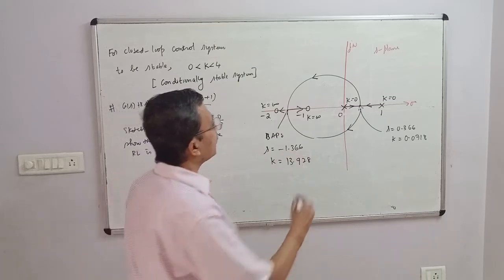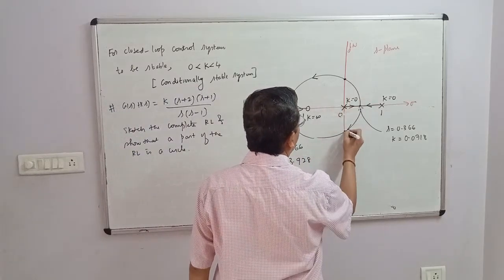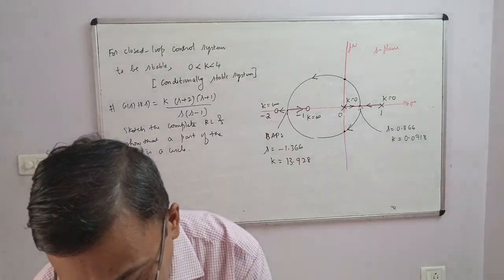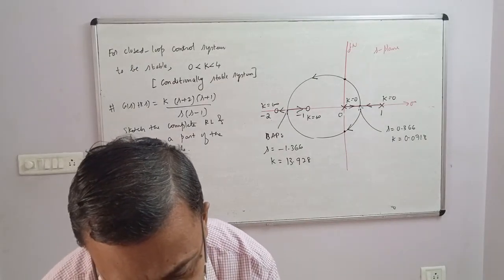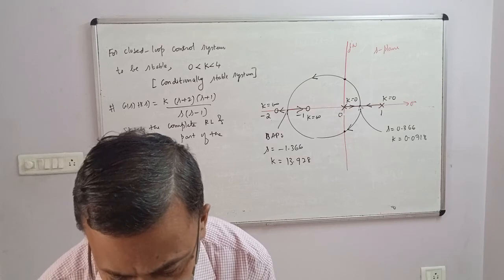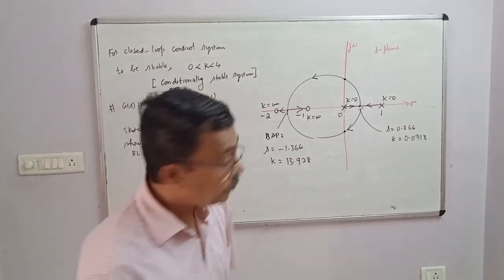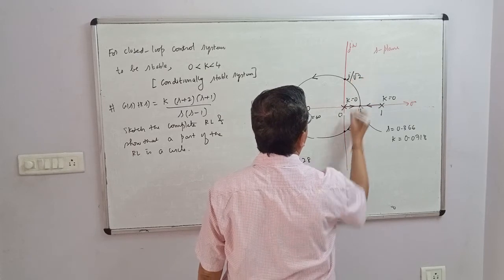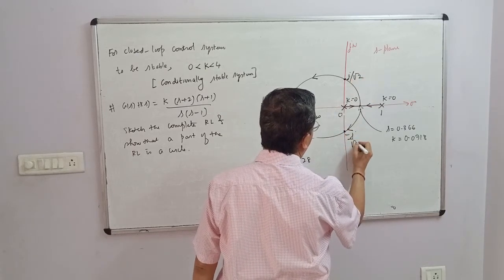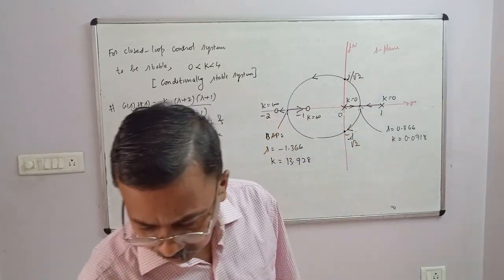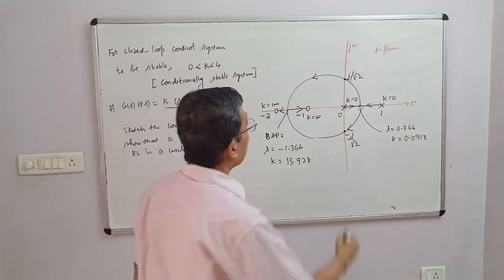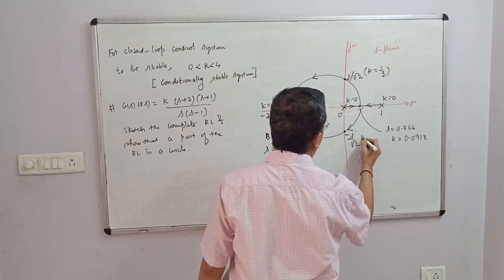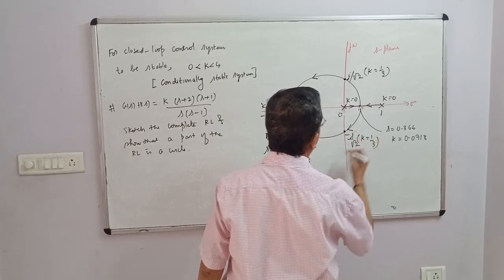This you calculate. These are the intersection points. The intersection points are plus j by root 2 and minus j by root 2. The value of k is 1 by 3 at these intersection points.